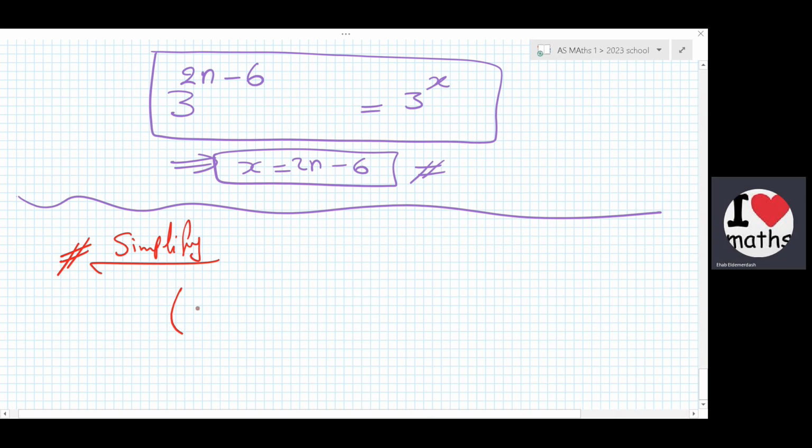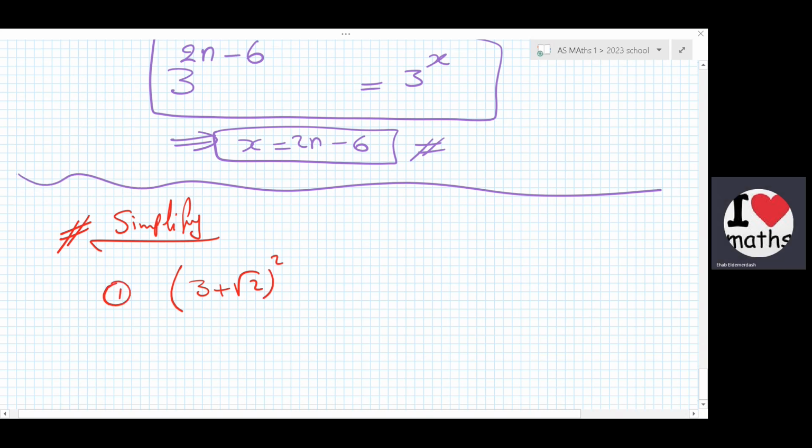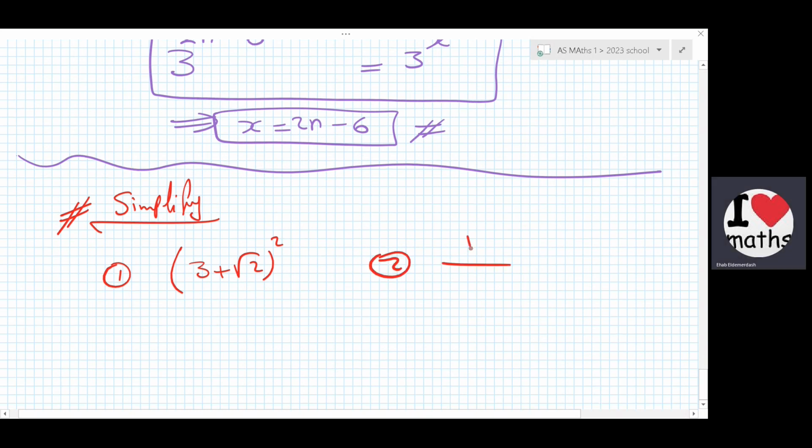Okay, I'll make one question easy. For example, if I have (3 plus root 2) all to the power of 2, this is one of the questions. The second is 1 over (root 5 minus 3).